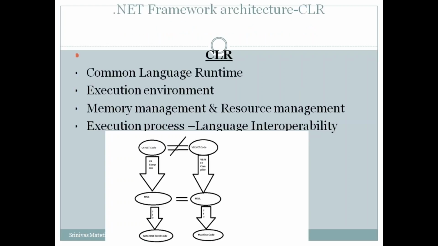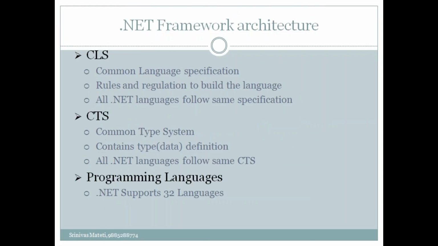On top of that we have the common language specification, CLS. Every language will have its own specification. Even a language like English has its own alphabet set, and there are definitions for verb, proverb, etc. Likewise, Hindi has its own alphabet set and definitions for verb, proverb, etc. These are the rules and regulations you use when you construct a statement in that particular language.